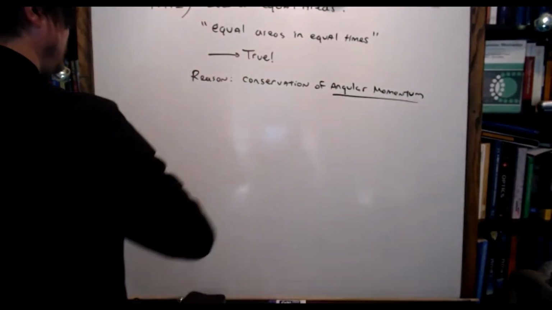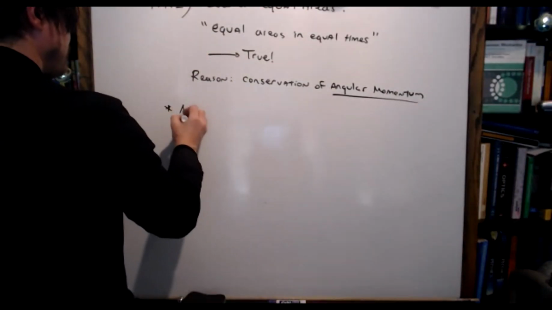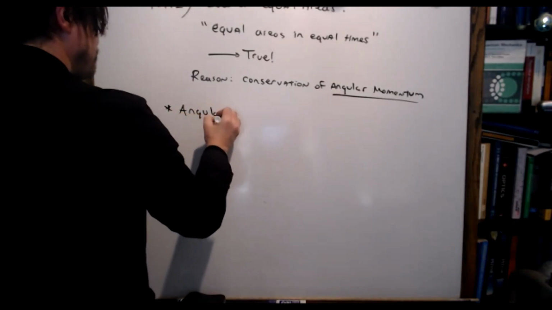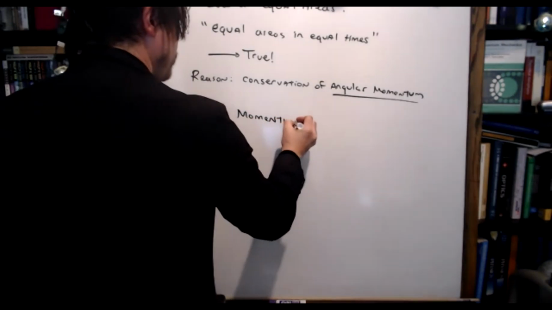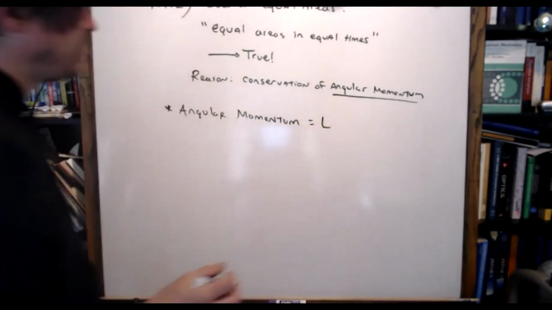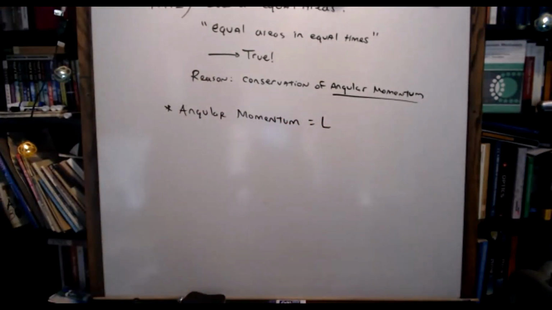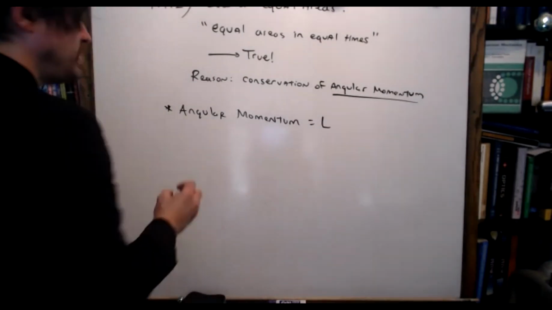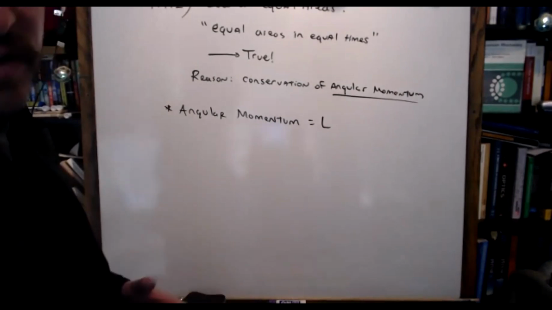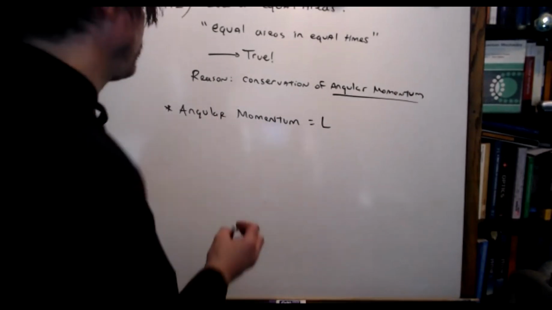So, introducing angular momentum. For some reason, historically, angular momentum is given the symbol capital L. And angular momentum tells us something about rotating objects, okay?